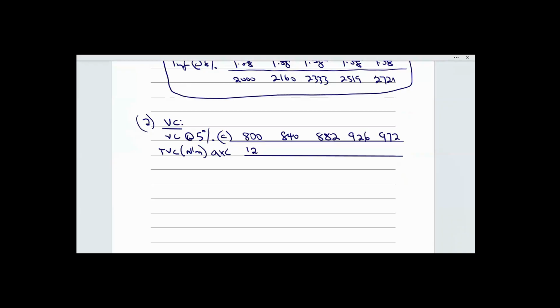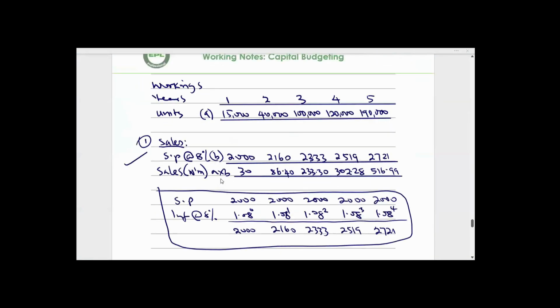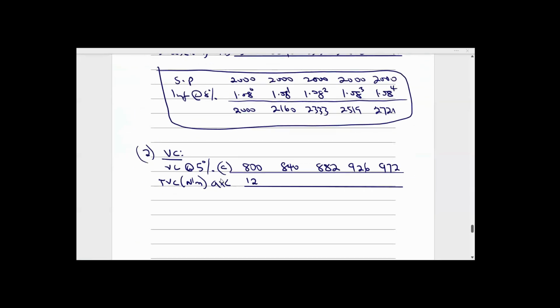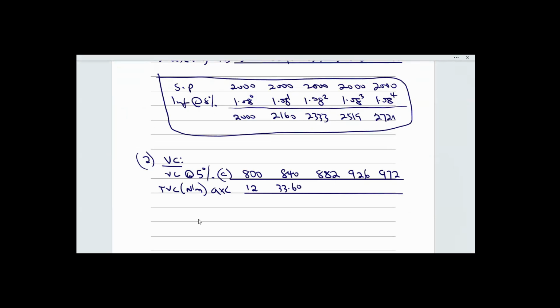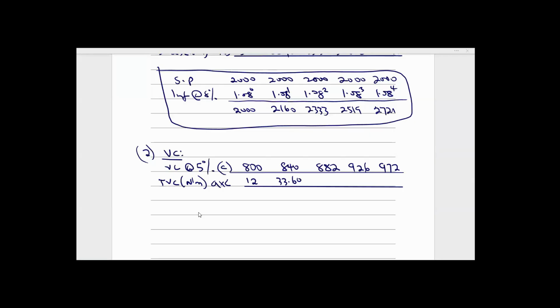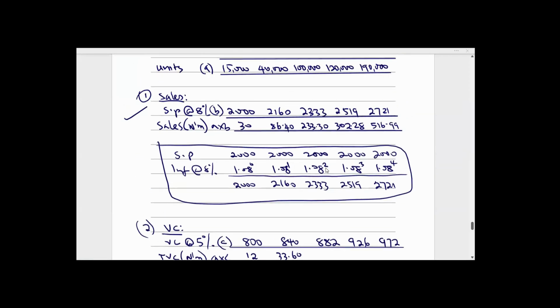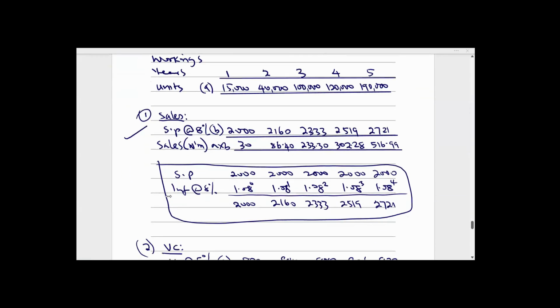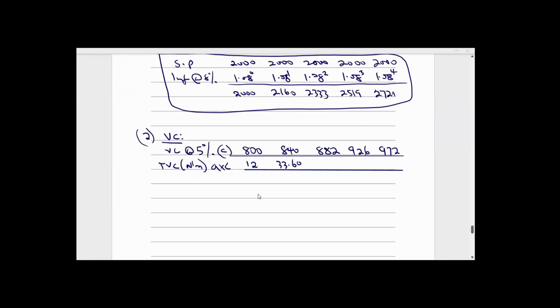Then 840 multiplied by 40,000 equal 33.6, 33.60. Next one, 882 multiplied by 100,000 equal 88.2.